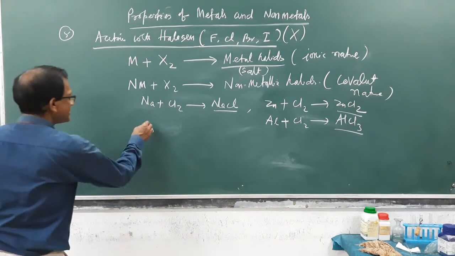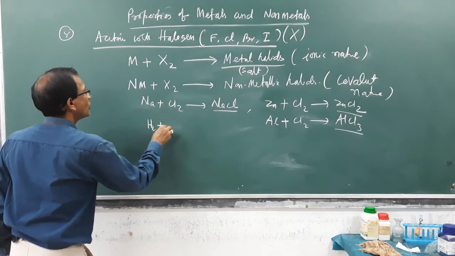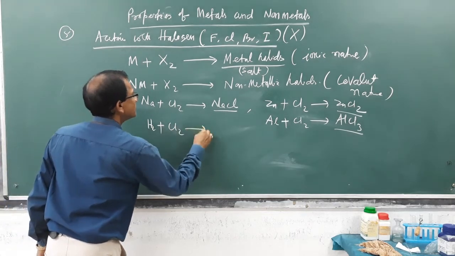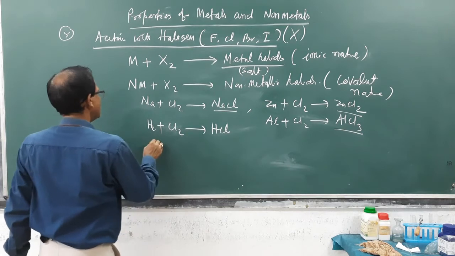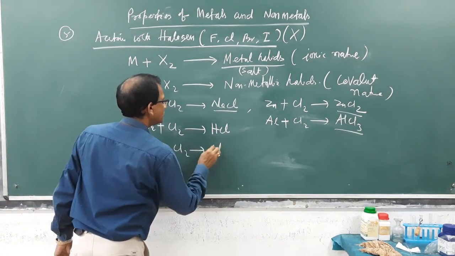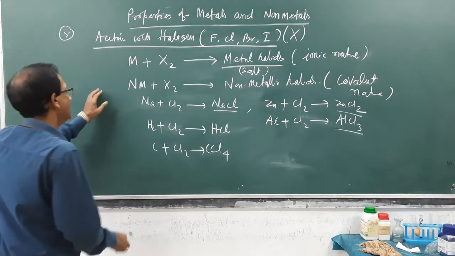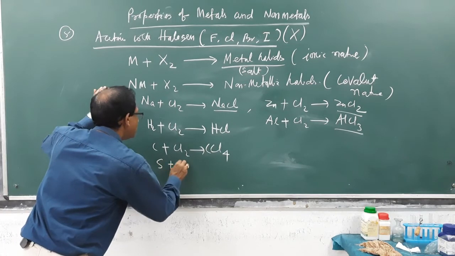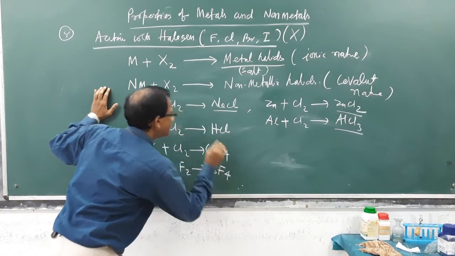With non-metals, similarly, suppose hydrogen, a non-metal, with chlorine, that is HCl. Carbon with chlorine, that is carbon tetrachloride. Then sulfur with chlorine, sulfur tetrachloride.